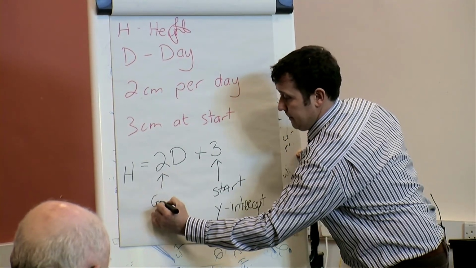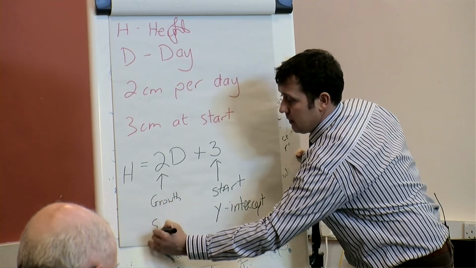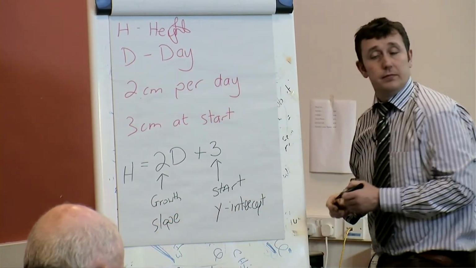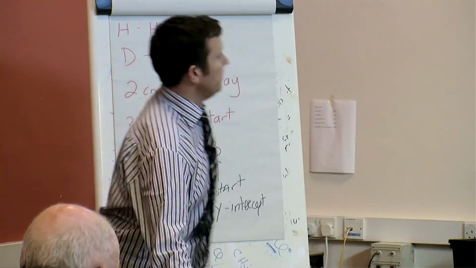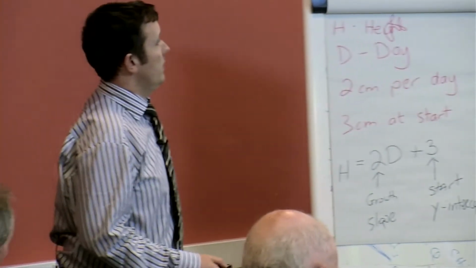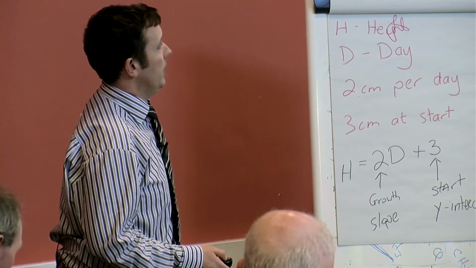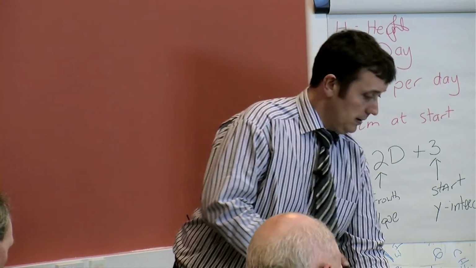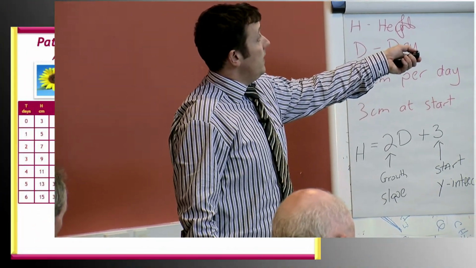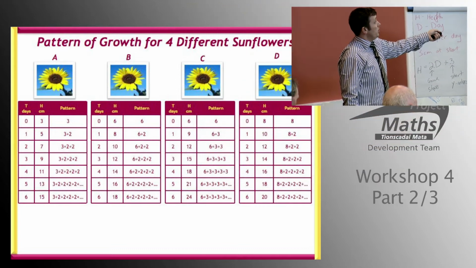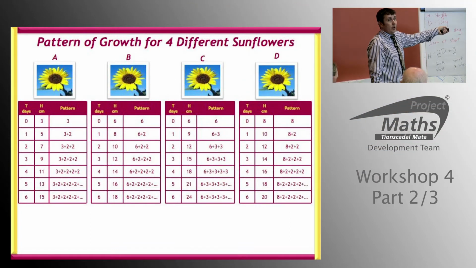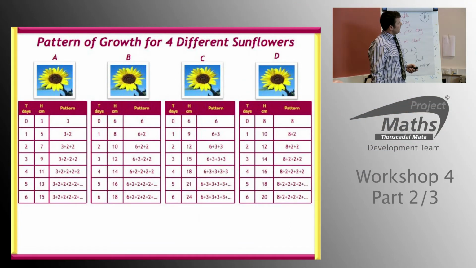It's your growth, and this is your slope. Is everybody happy with that? Okay, now, so that's just putting in all the things. And what do you notice about them all? They all start with 3, and what do you keep doing? Adding on 2's.